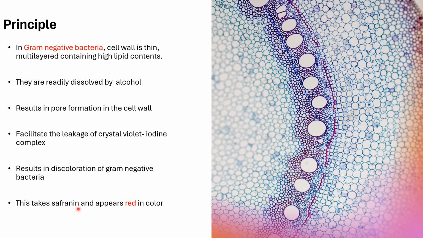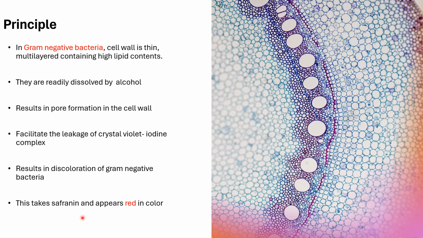And this takes safranin and appears red in color. In case of gram negative bacteria, the bacterial cell will appear red. That means it will take the color of the counter stain we are using, that is safranin, as a result of pore formation in the cell wall, through which the crystal violet iodine complex came out from the cell wall.